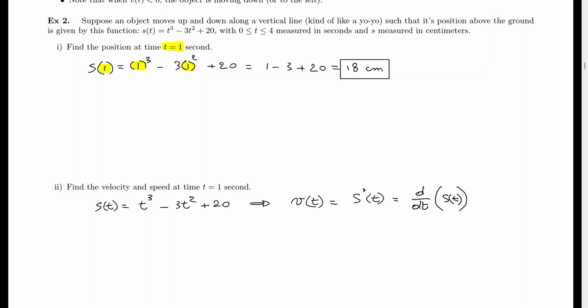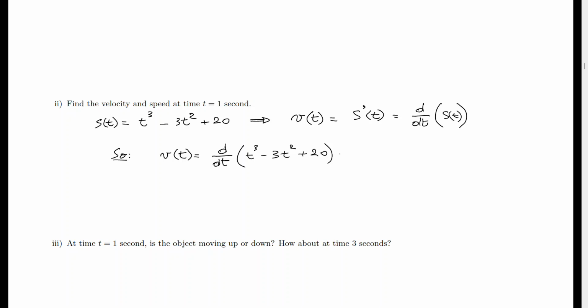This notation just means we want the derivative of the function s of t to get the velocity of the object. So in other terms, if I want the velocity of the object, I have to take the derivative with respect to the letter t, meaning t is the variable that I'm differentiating with respect to, and the equation is t cubed minus 3t squared plus 20.